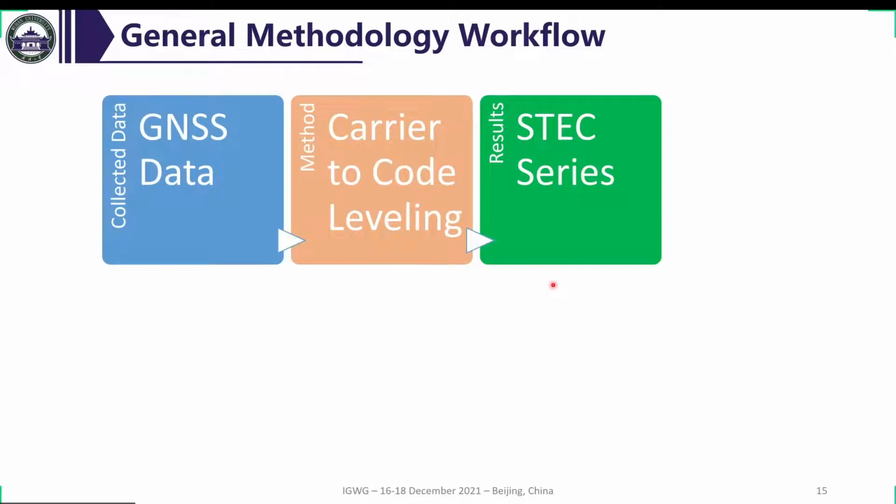For the general methodology, after collecting GNSS data, we use carrier-to-code leveling to find the STEC series. Carrier-to-code leveling can minimize the noise in the code, solve the ambiguity, and retain the precision from the carrier.